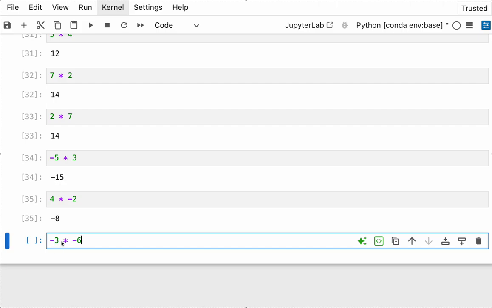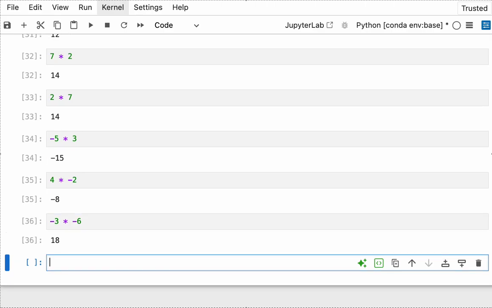So what happens if we multiply two negative numbers? Minus 3 multiplied by minus 6, and we run it. Can you guess the answer? Minus 3 multiplied by minus 6 is 18.